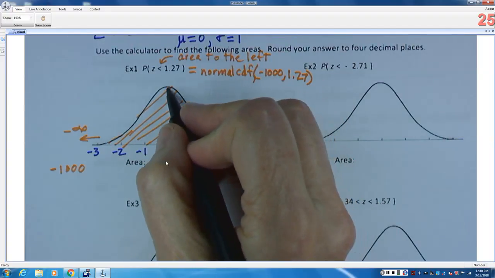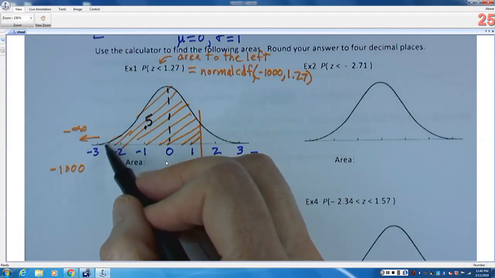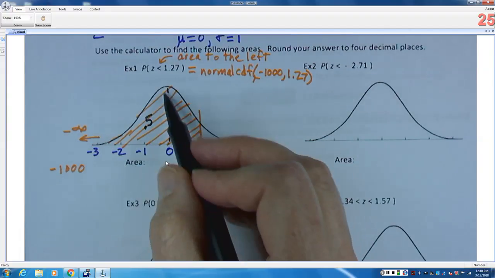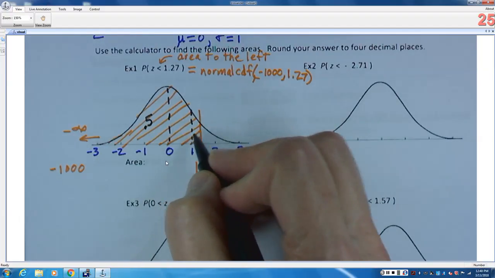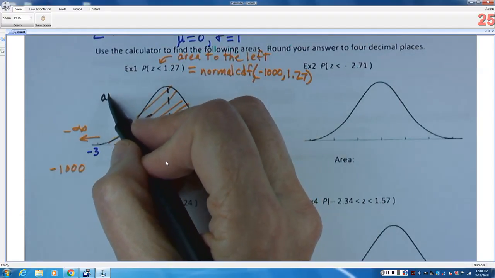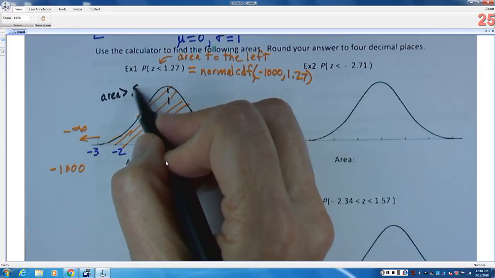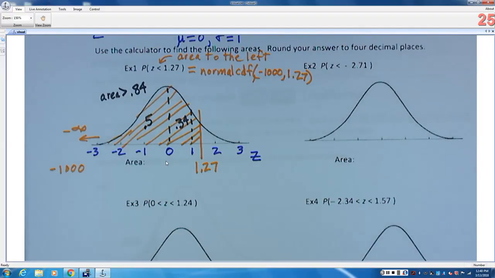Well, from minus infinity to 0 will be half your curve, so it'll be 0.5. And this area will be 0.34. So our area will be greater than 0.84. That's using the empirical rule and the fact that it's a normal curve to figure out what kind of answer I expect to get.